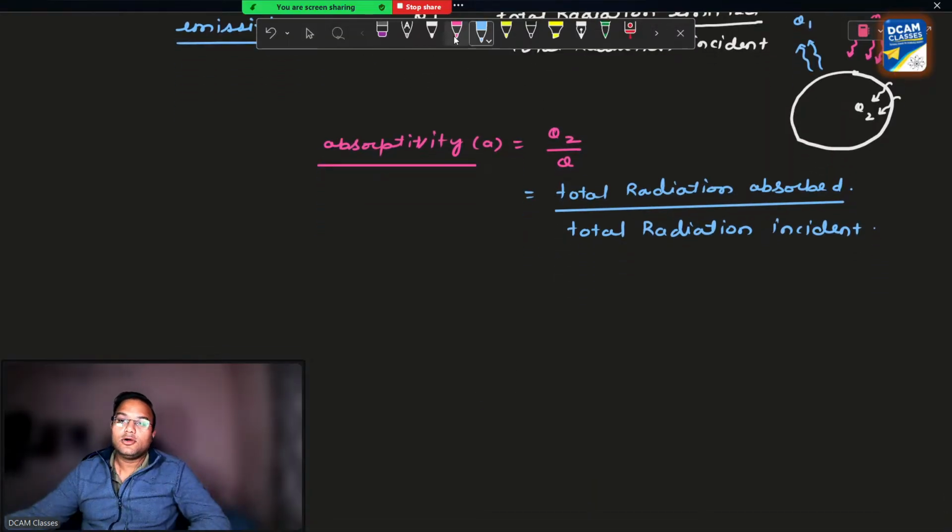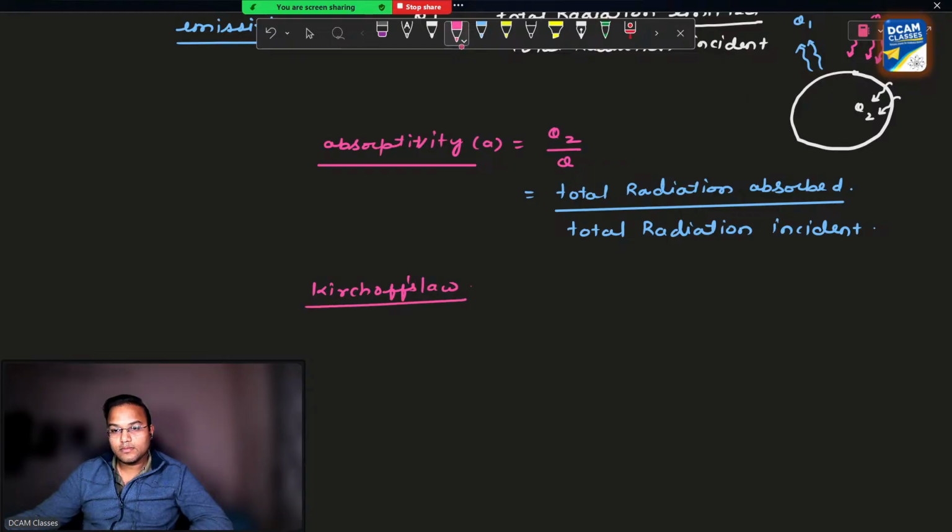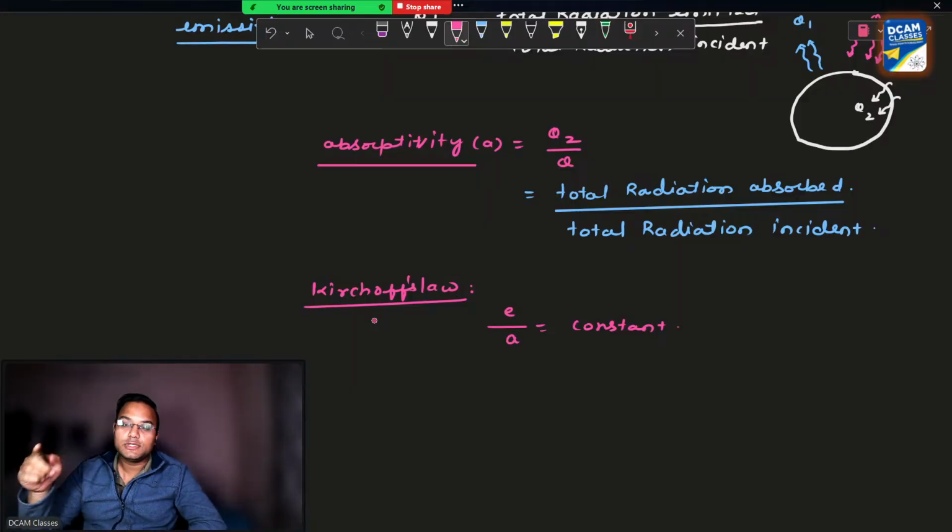Now there is a law, Kirchhoff's law, which says emissivity by absorptivity is a constant. This is the same scientist who found the Kirchhoff's law used in your current electricity.